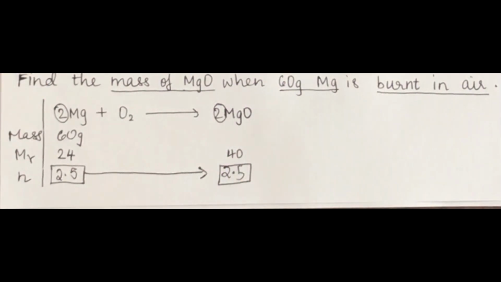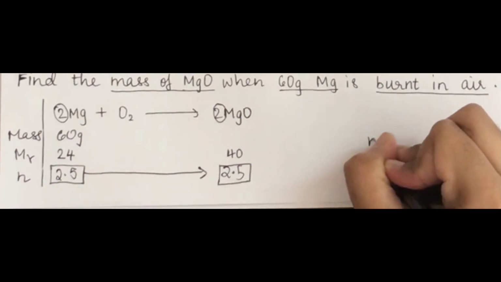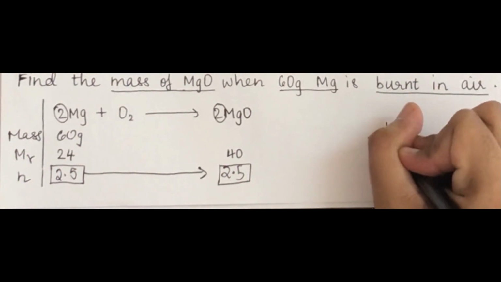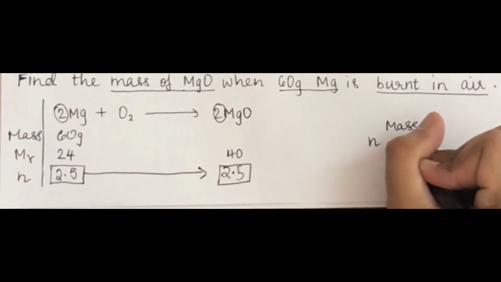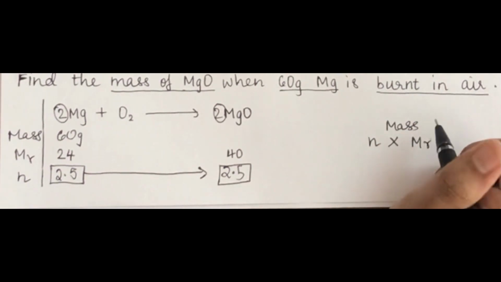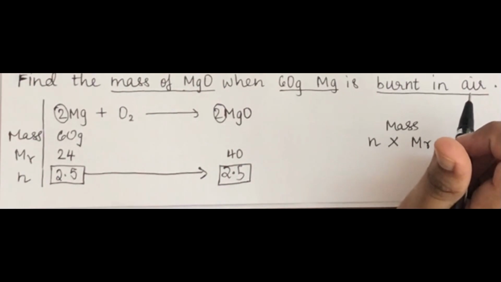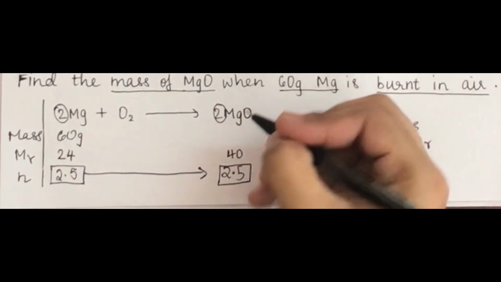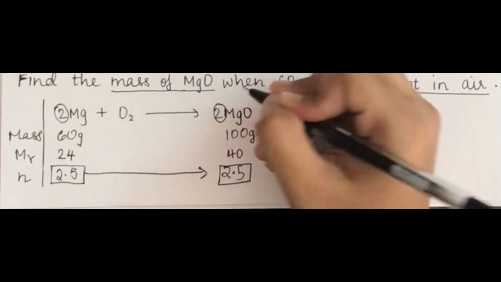So that's the MR, and now we have to rearrange the equation for number of moles is equal to mass upon MR. So if we see the equation, it's number of moles is equal to mass upon MR. So if we want to find the mass, you multiply number of moles by the MR, and so we will get 100 grams. And that's the mass of MgO.